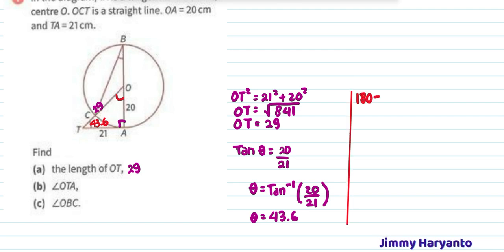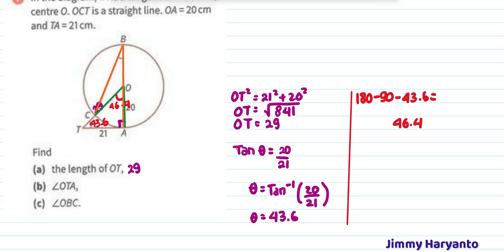Okay, that means this one will be 180 minus 90 minus 43.6. It's 46.4. Okay, let's take a look at this angle. This is the center angle, and this is the corresponding circumference angle.